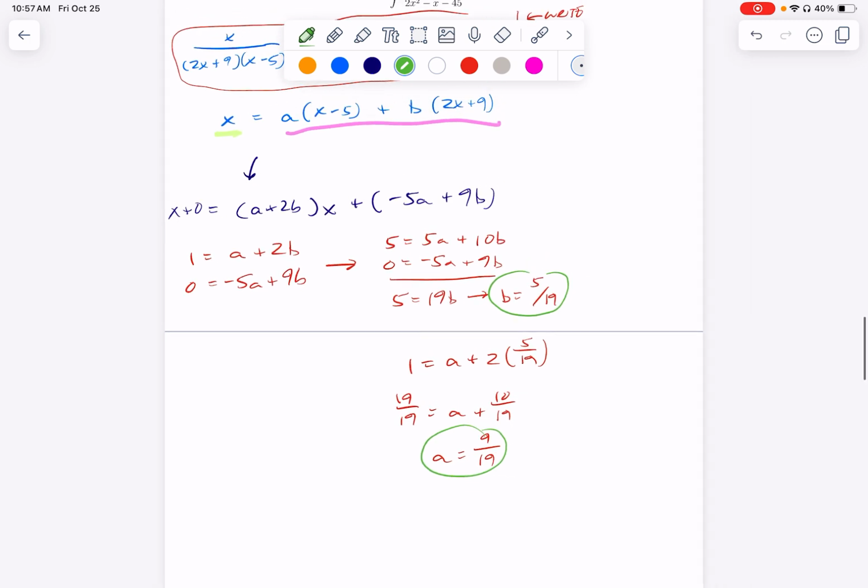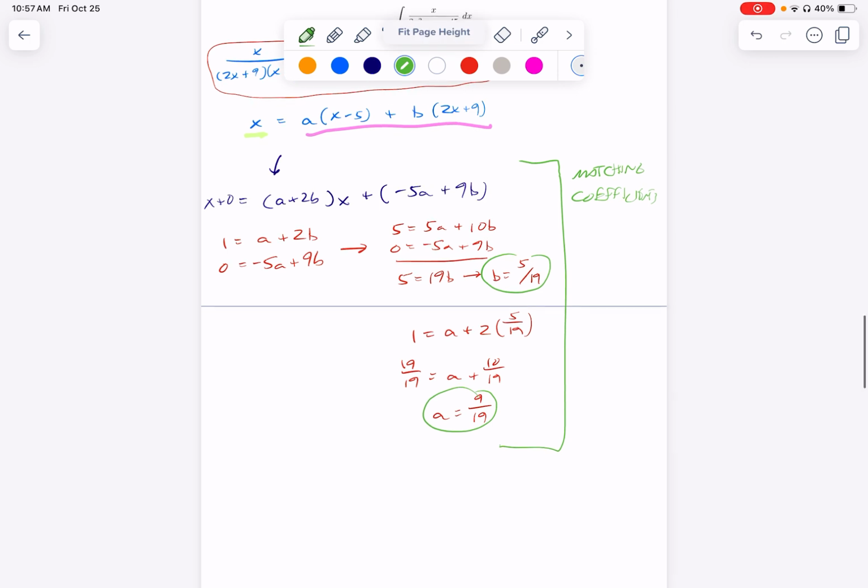So this was how I obtained A and B by matching coefficients. This is my go-to method. It's probably not the faster one, but to me it feels a little more systematic.